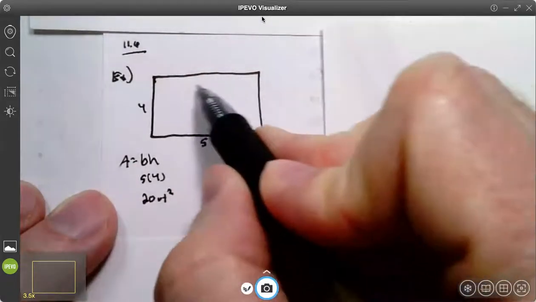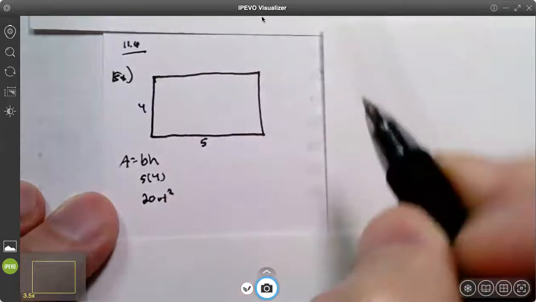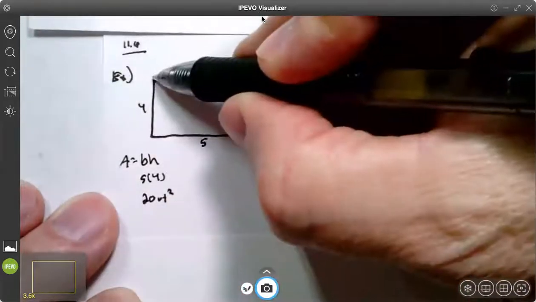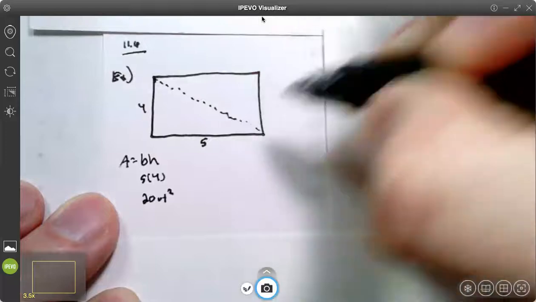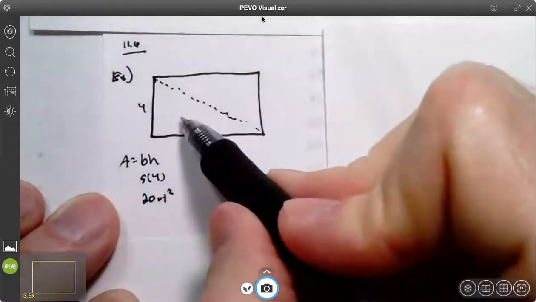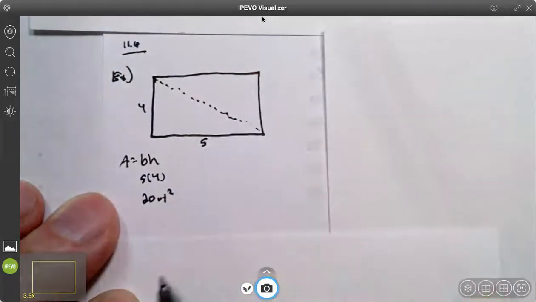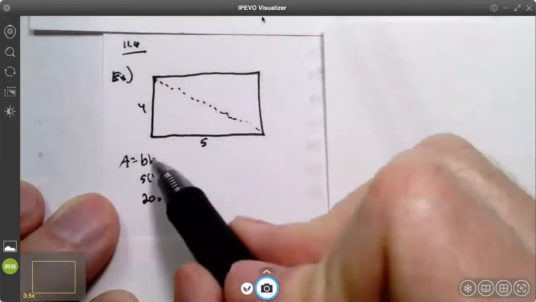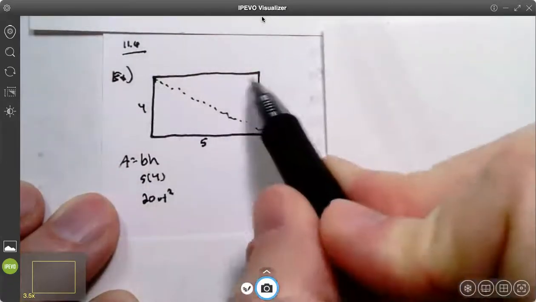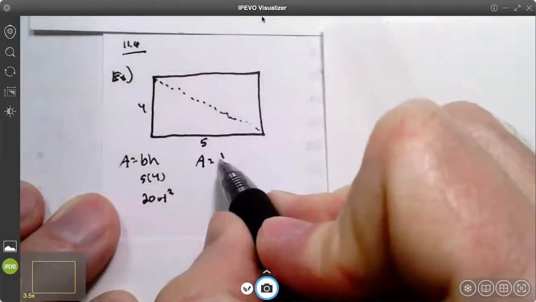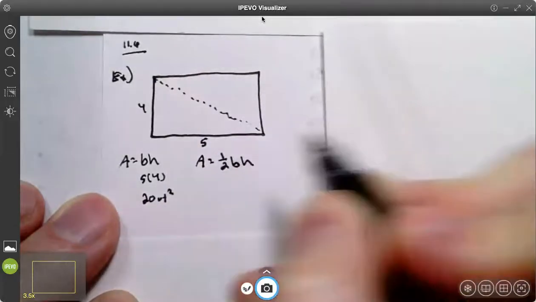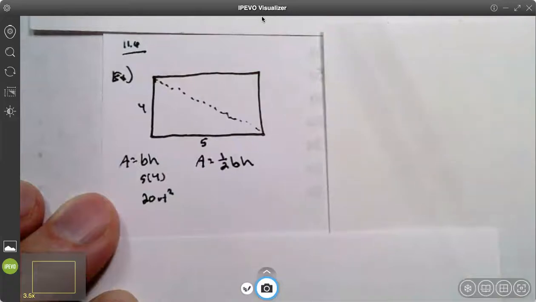If all of this space in the middle is 20, and I cut it in half diagonally, then each half should be 10, which is half of that. Each half creates a triangle. So if the area for a rectangle or parallelogram is base times height, then the area for a triangle is half the base times the height.